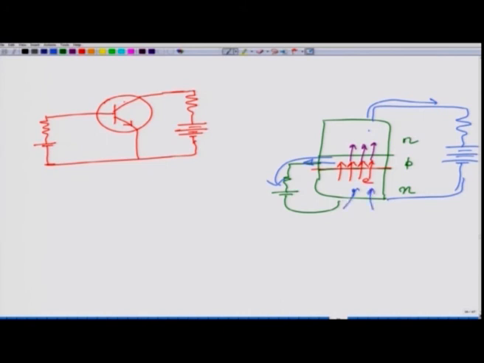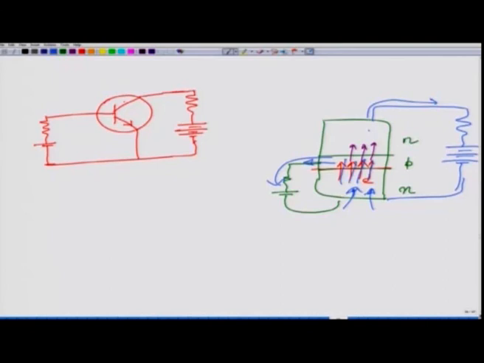Remember, in a circuit, the number of charge carriers, all the voltages and currents are stable. So, if the electrons are going here, they must be compensated, and that is coming from these two batteries, making up the total current of IE. So, this is how the transistor circuit works.